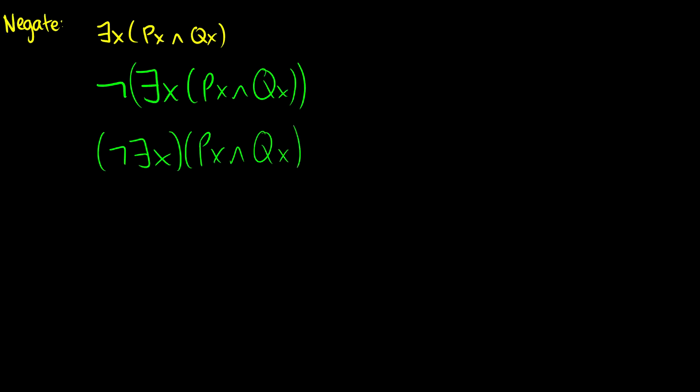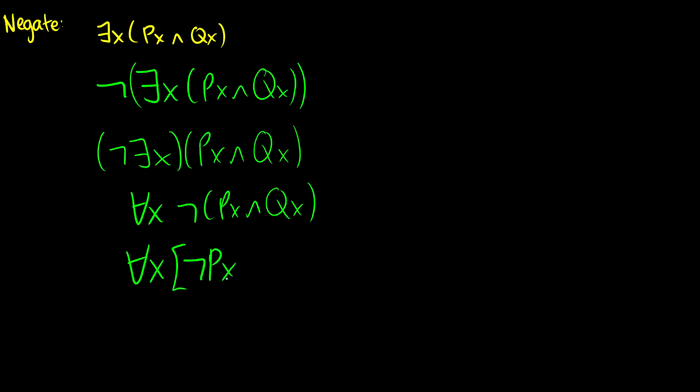When we encounter not exists x, we get for all x, not p of x and q of x. So this is how negation works. The negation comes in, it flips the exists to an all, and then it negates everything after it. So now we have for all x, and of course we just use De Morgan's law here, and we get not p of x or not q of x. And there you have it.